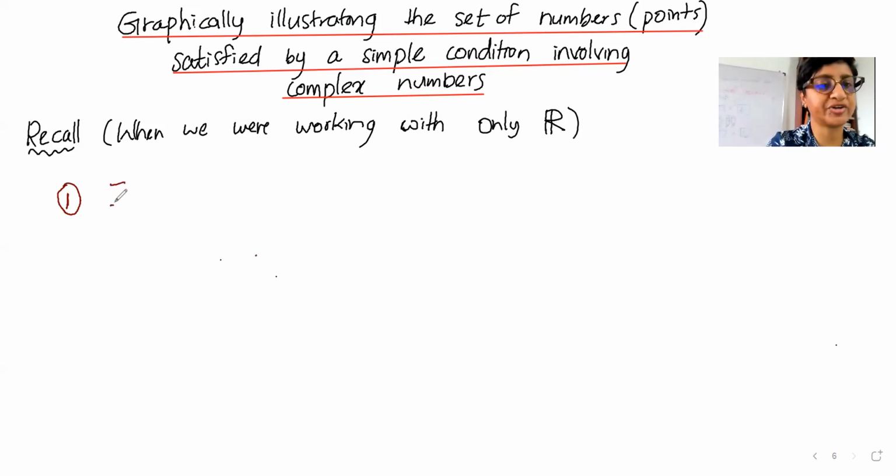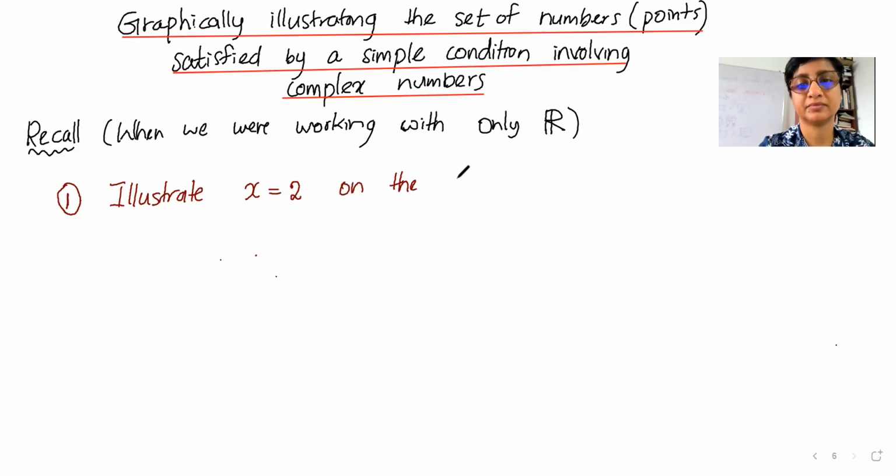If I say illustrate, remember, see whether you remember this. If I say illustrate, I give you some condition on a real number. I say real number x is equal to, like, okay, is equal to 2. Can you illustrate this on the number line? Graphically.